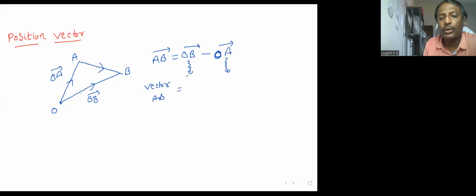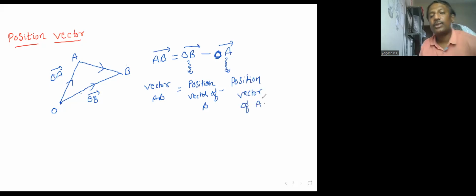Vector AB is equal to the position vector of B minus position vector of A. So final position vector minus initial position vector gives the position vector of AB.